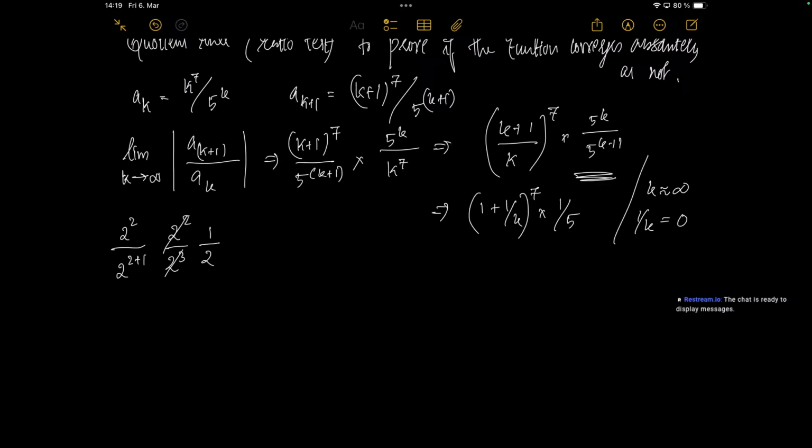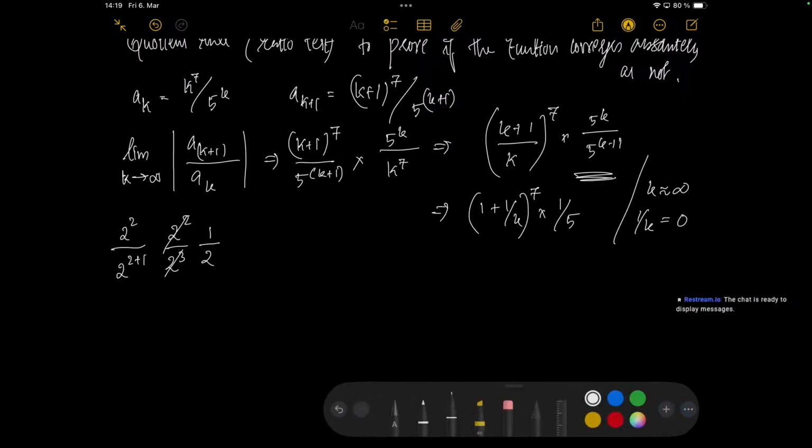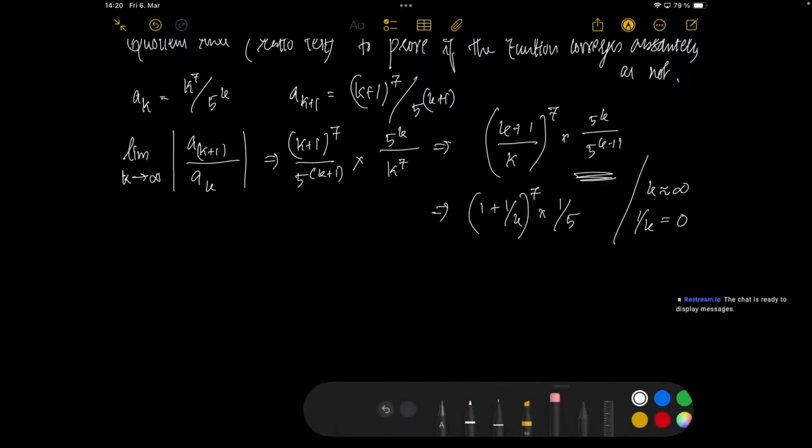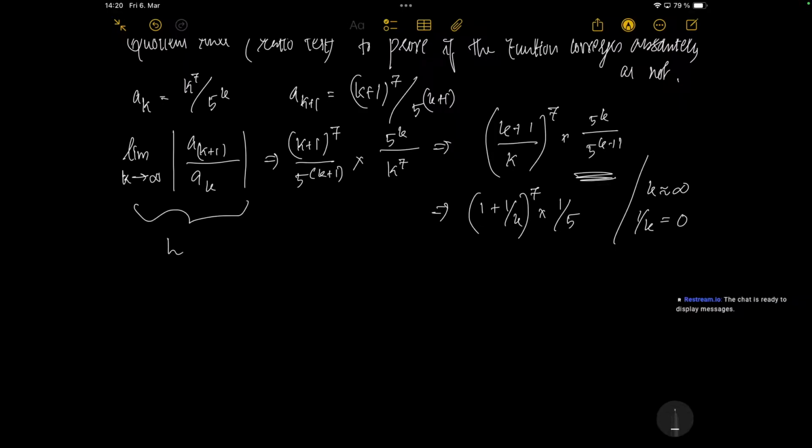So it's gonna be L, and L less than 1 converges, greater than 1 diverges, equal to 1 inconclusive, I think.